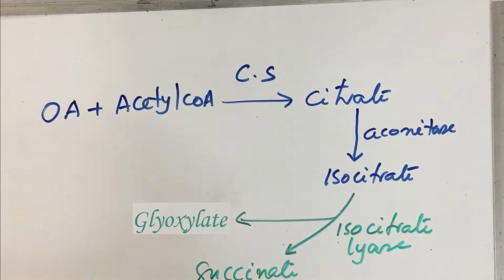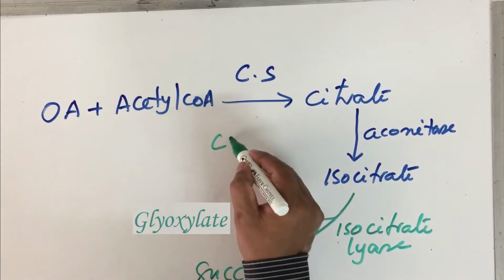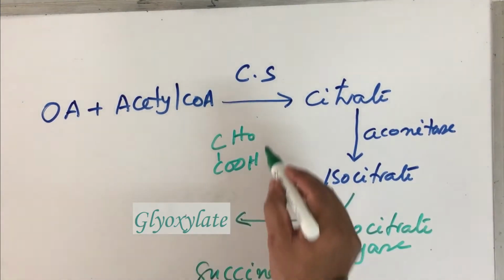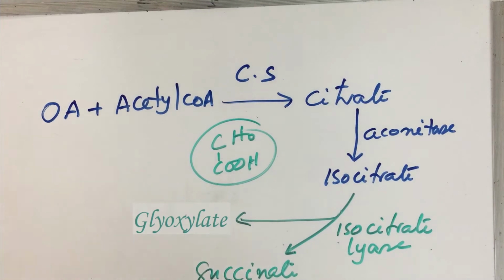Now this glyoxylate is a new molecule. This is the structure of glyoxylate. Now to this glyoxylate, we want to ultimately make the maximum use of acetyl CoA, so another acetyl CoA is added.